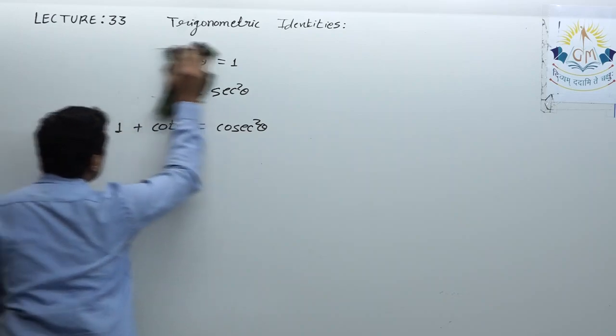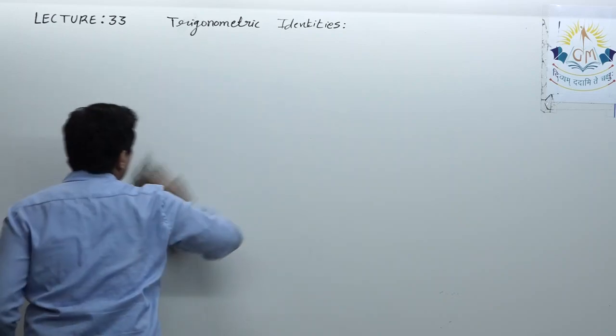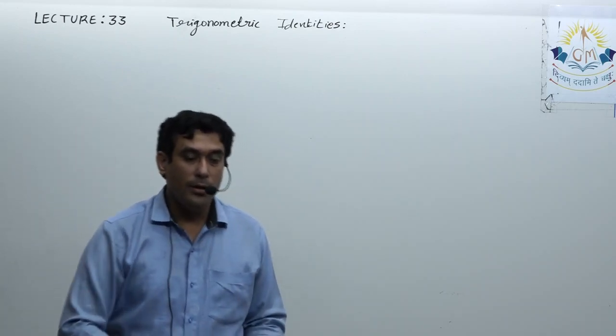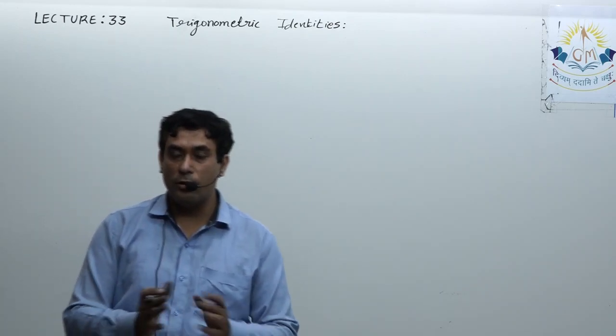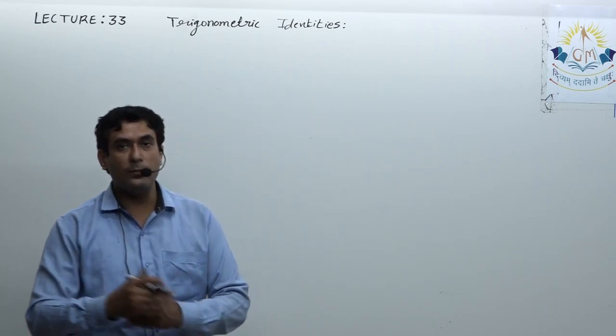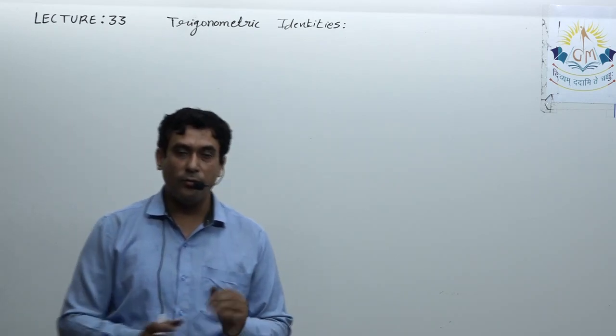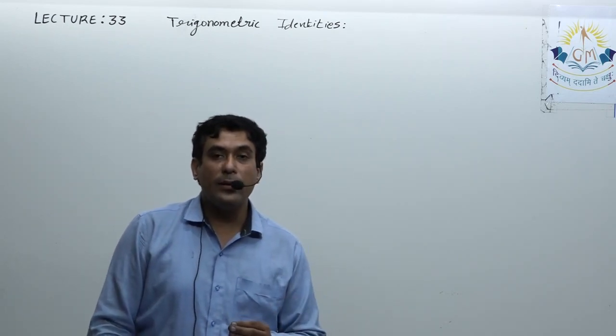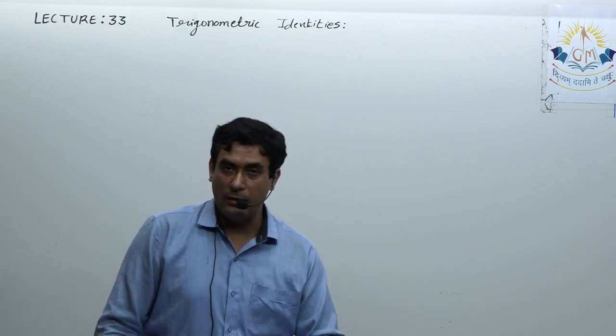Using these three trigonometric identities and those five relations between trigonometric ratios, it is possible to express each trigonometric ratio in terms of the other trigonometric ratios. For example, if I want to express all trigonometric ratios in terms of sin A, it is possible.